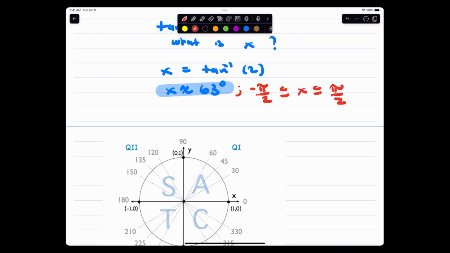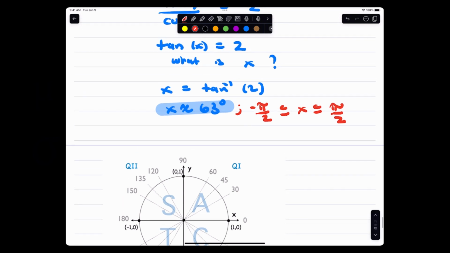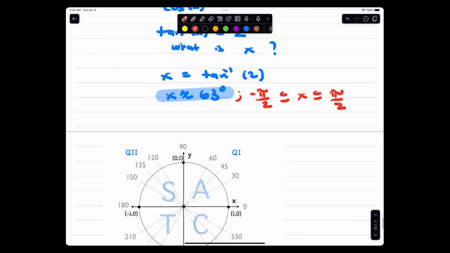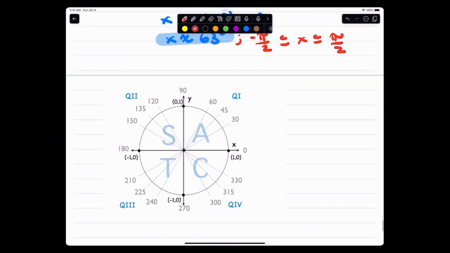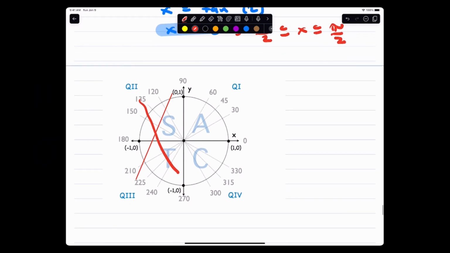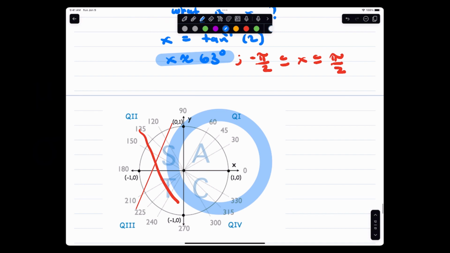In order to have an inverse tangent, you had to restrict the domain. You had to make tangent 1 to 1. Is that right? So that's important because that means you threw out quadrants 2 and 3. Inverse tangent's only good for what? Quadrant 1 and quadrant what? 4. You guys okay with that?